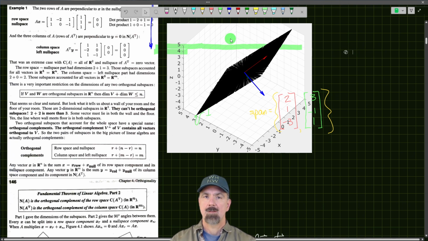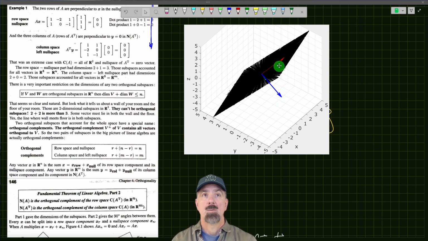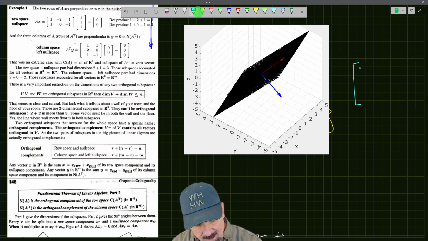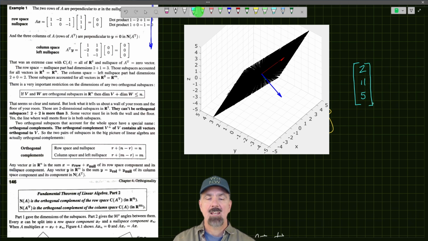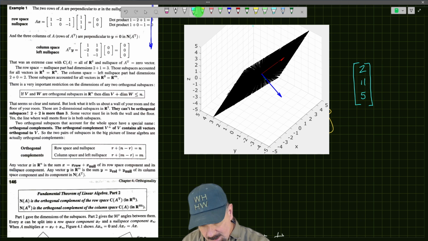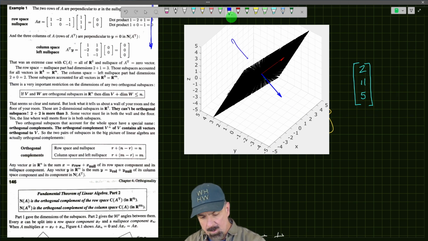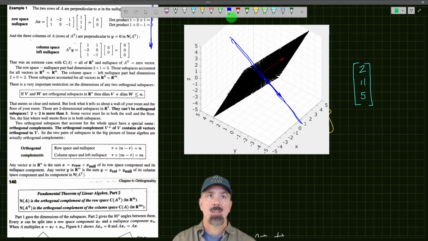So what we have here is the span of the two vectors, which is this plane, and then we have this blue vector here. The blue vector is actually the vector 2, 11, 5. So the span of that vector is the subspace, the line that is in this direction, and it is the orthogonal complement to the plane that we see.